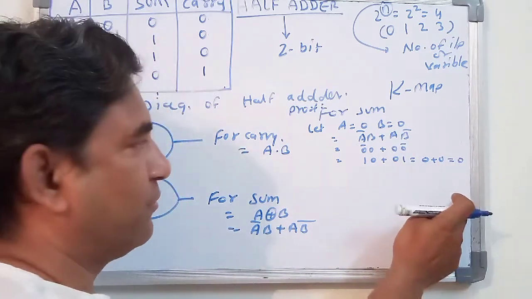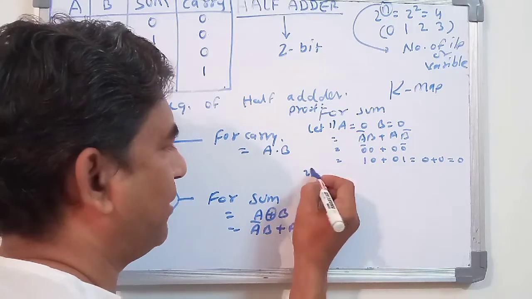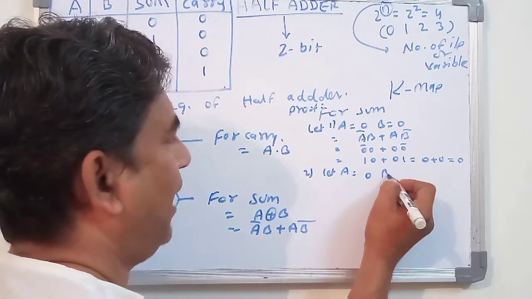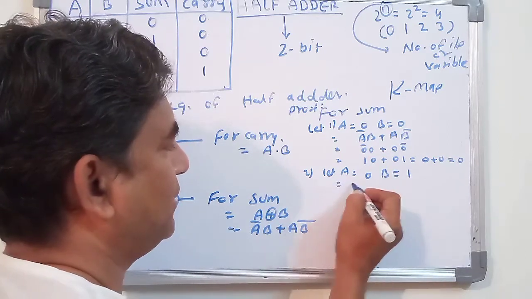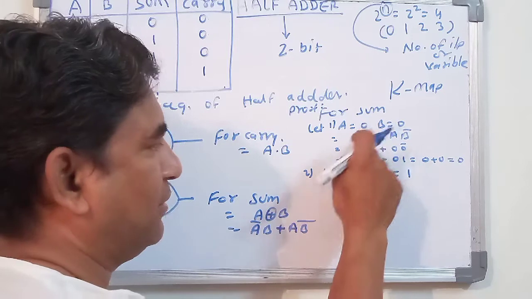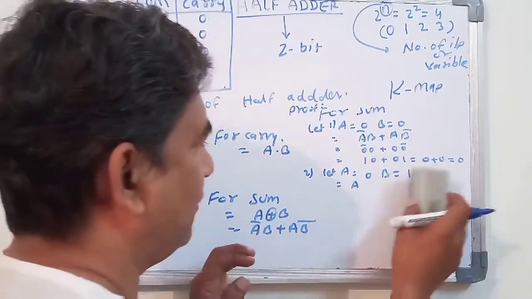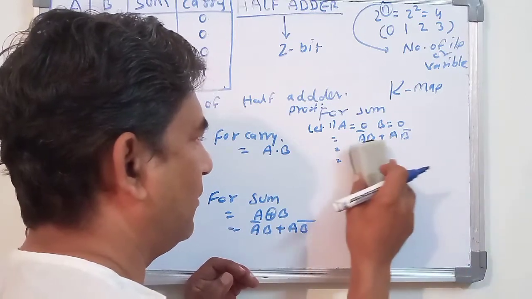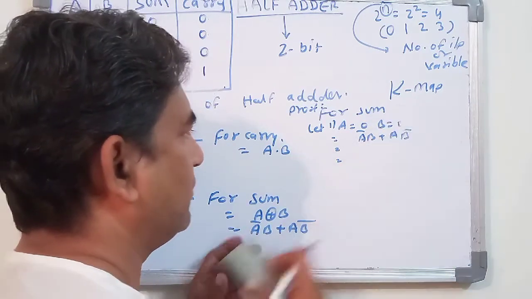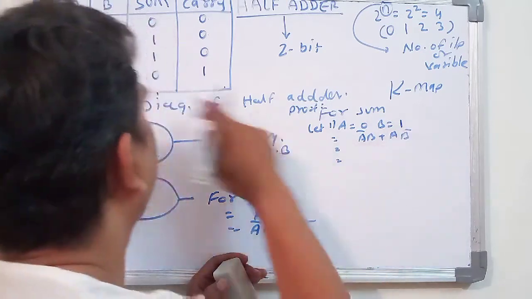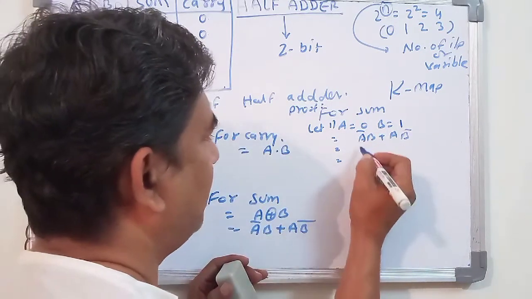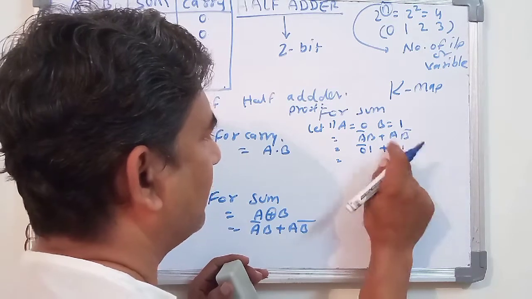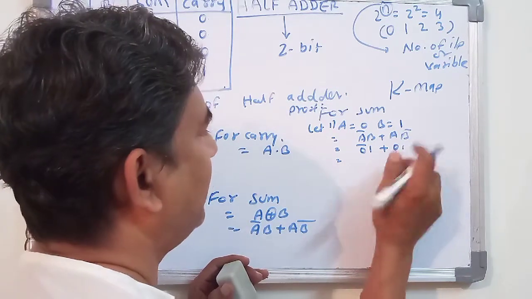It is the first proof. Then the second proof, let a is equal to 0 and b is equal to 1. Again you write down this logical equation, that is 0 bar 1 plus 0 1 bar.